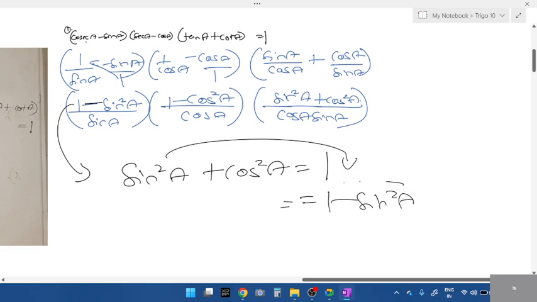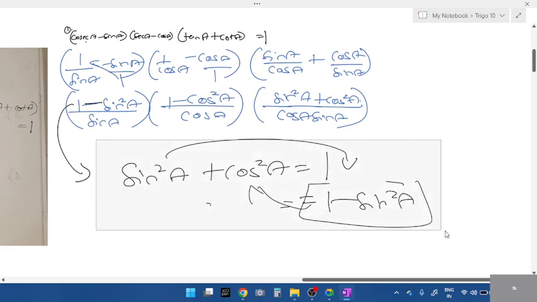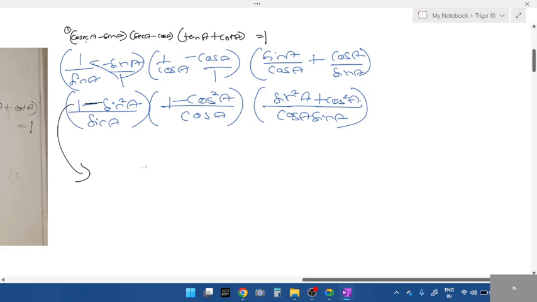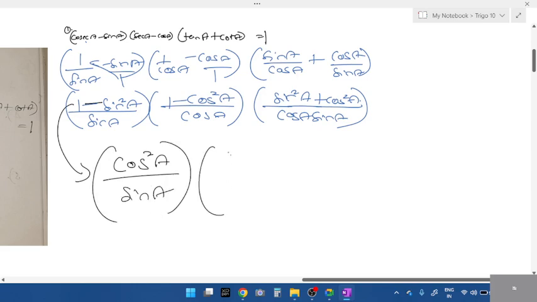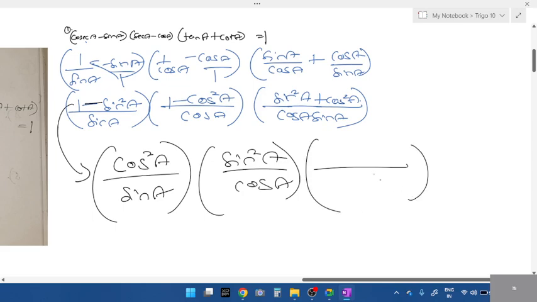It is cos square A. So I replace that 1 minus sin square A by cos square A. 1 minus cos square A, again I can write it as sin square A divided by cos A. What's the value for sin square A plus cos square A? So again cos A into sin A, students.